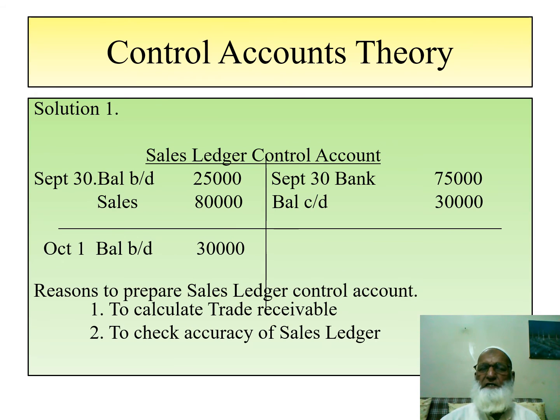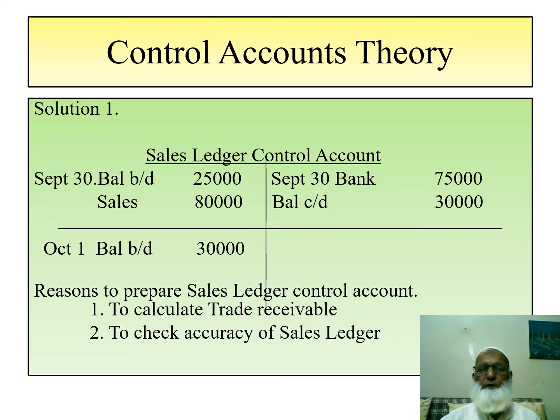This is the sales ledger control account, or as I have already mentioned, this is basically the accounts receivable or trade receivable account, where all the entries related to trade receivables are entered.